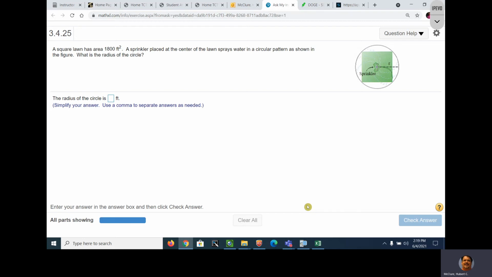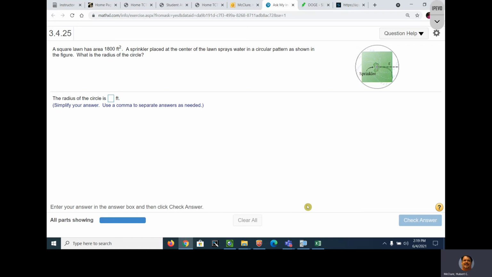I did that because if 1,800 is the area and this is a square, then this side has to be the same as this side. That's why I did x squared.